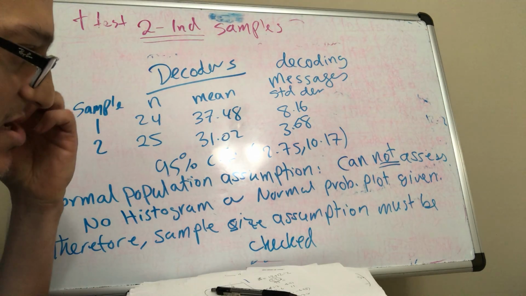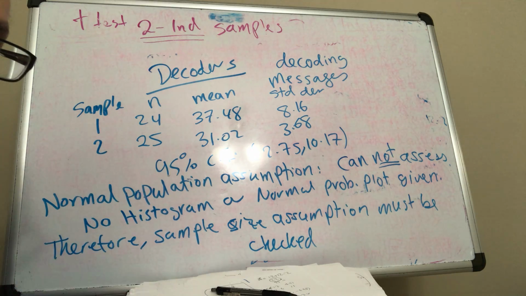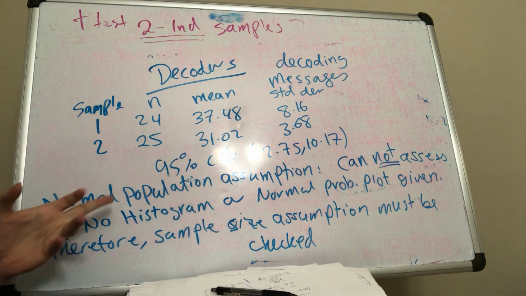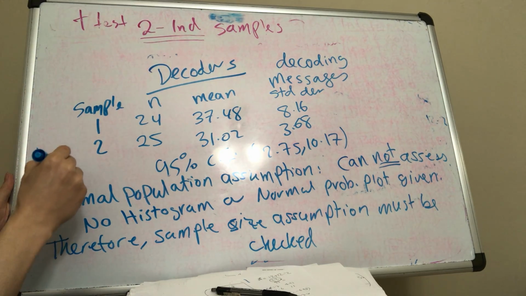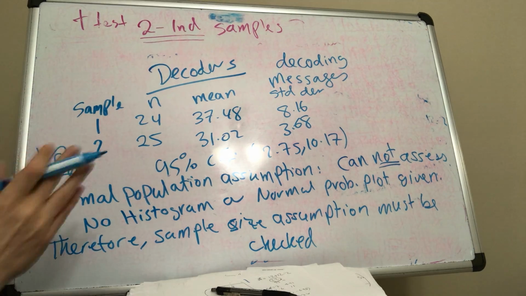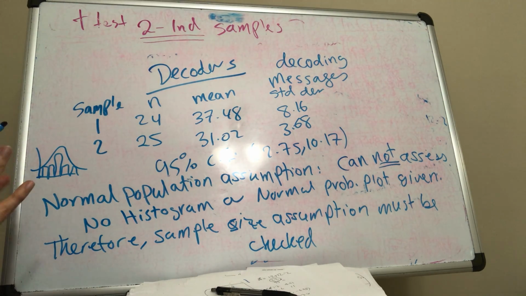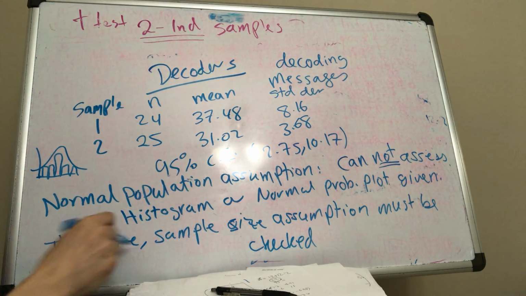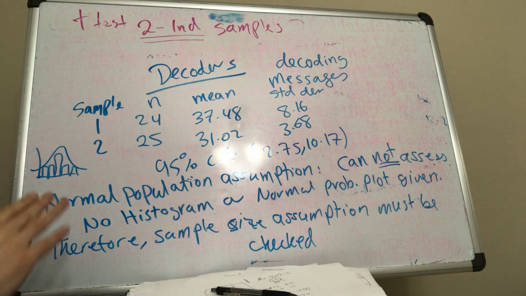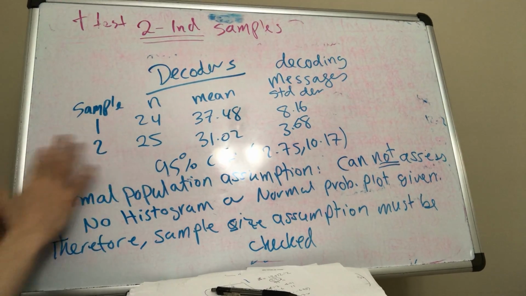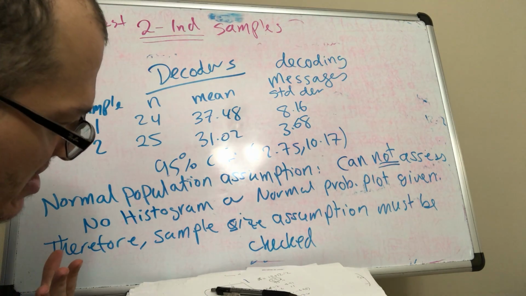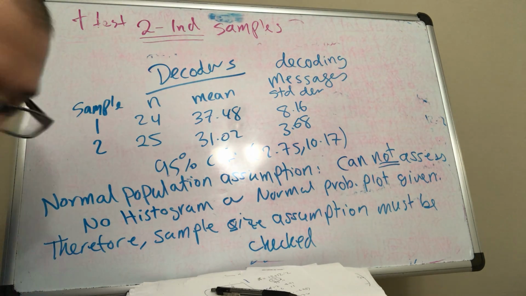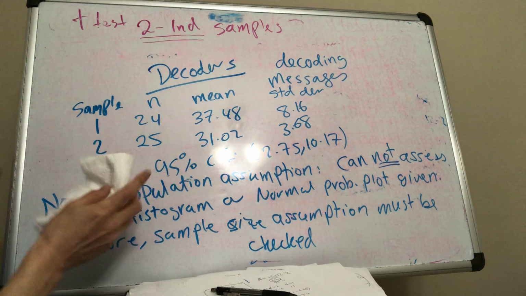So, for example, if they tell you that you have a normal distribution, or if the histogram is given and it looks perfect, like a normal distribution, then you're okay. You don't have to do the sample size assumption. But since we don't have the histogram, or they don't mention this in the question, then you have to check sample size.